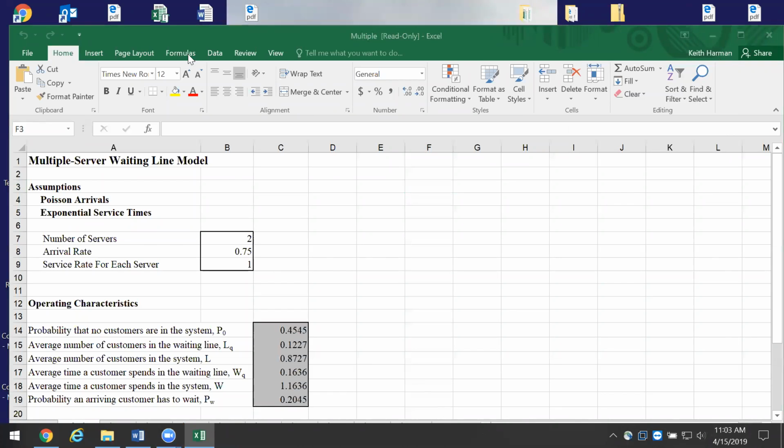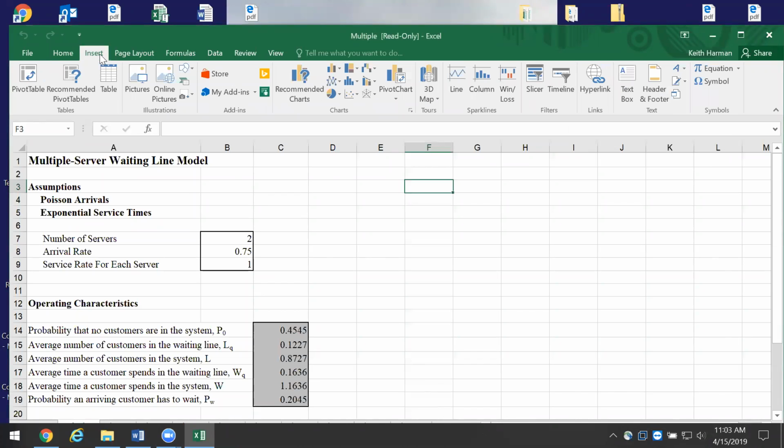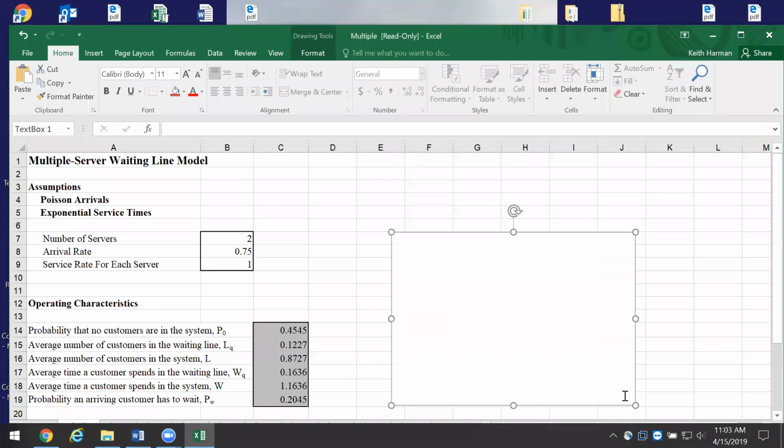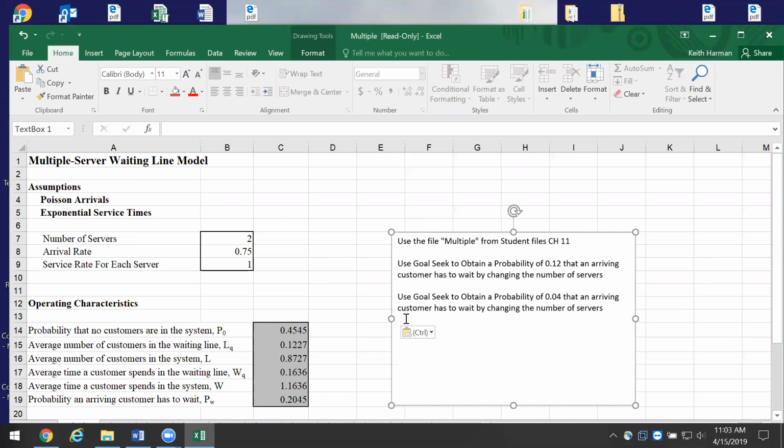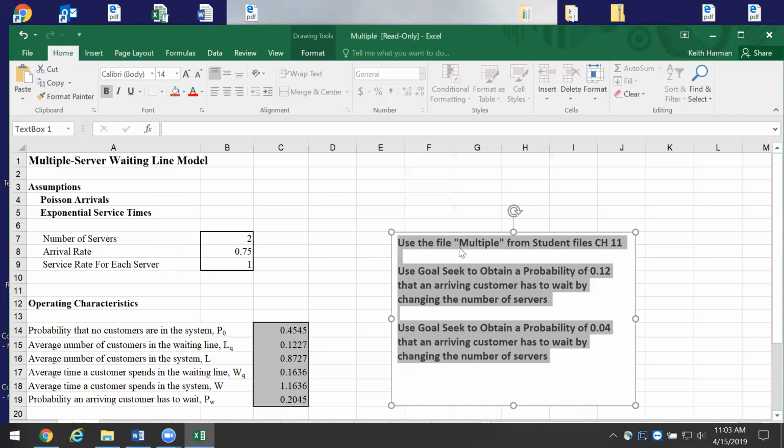Let's insert a text box. I'll throw this in here, and you'll want to do that, and then basically bold it up and put it up to a size that you want, so it's easier to read.